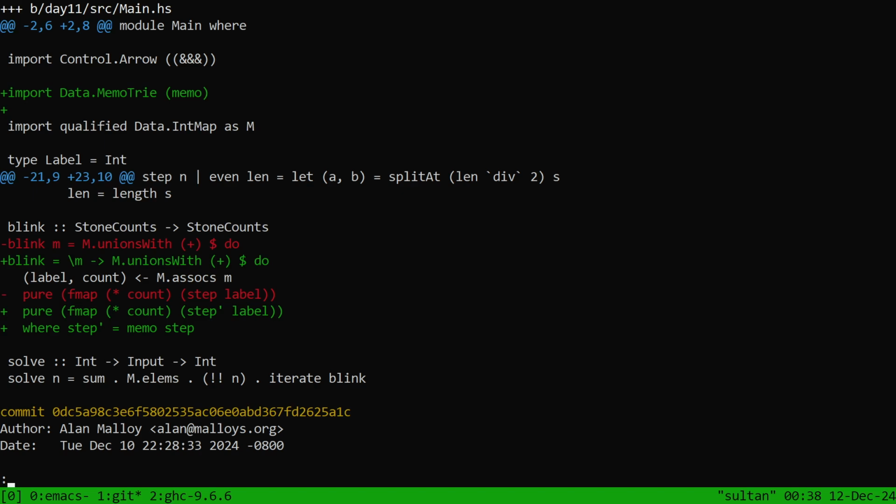And so now, instead of Blink taking m as an argument and then doing its work, first Blink, before it receives m at all, creates a memoized copy of step, and then uses that memoized copy for any m that it gets, the same single memoized step function.